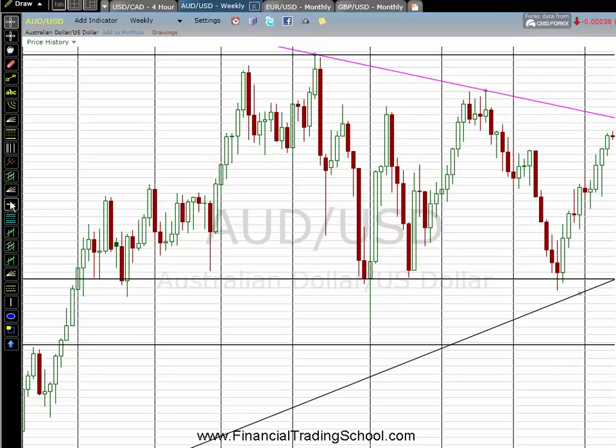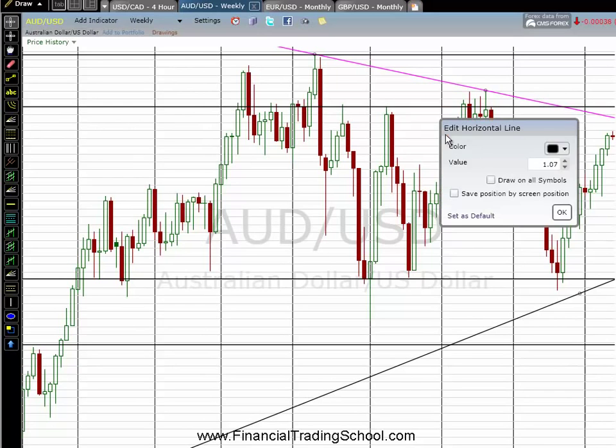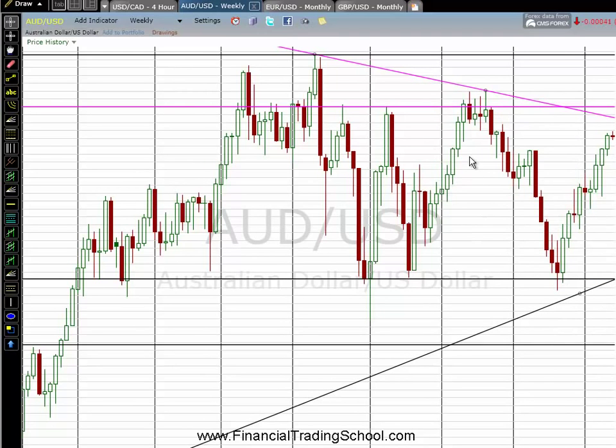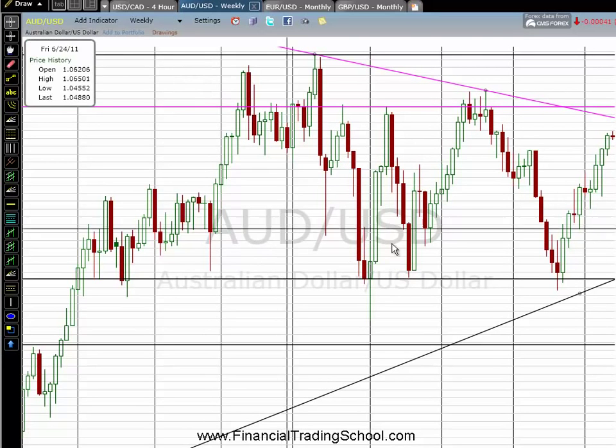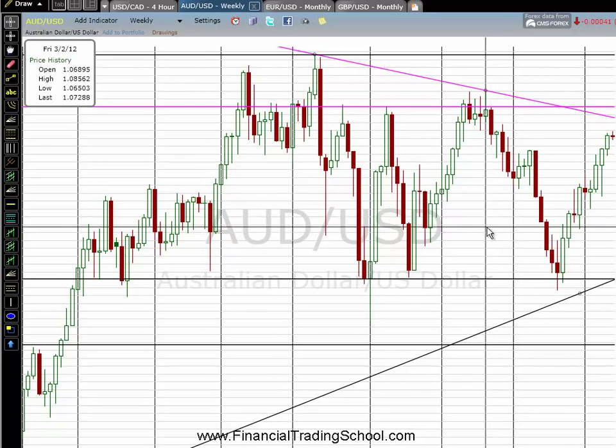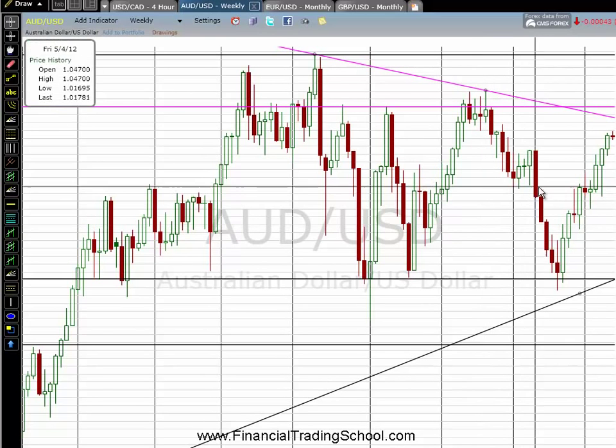And then maybe we want to draw a level right there as well, possibly, or right there. That looks like a nice level as well for resistance, a minor channel within the bigger one. And then in the middle here, there's nothing really worth drawing.